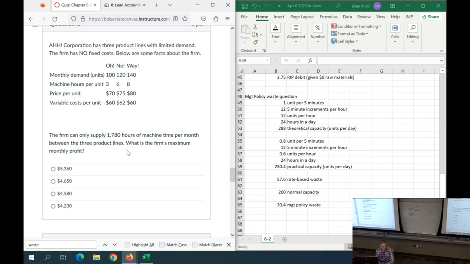For this problem, this is the problem. So to get the biggest bang for our buck, we want the most profit. We're maximizing the profit for those 1,780 hours.